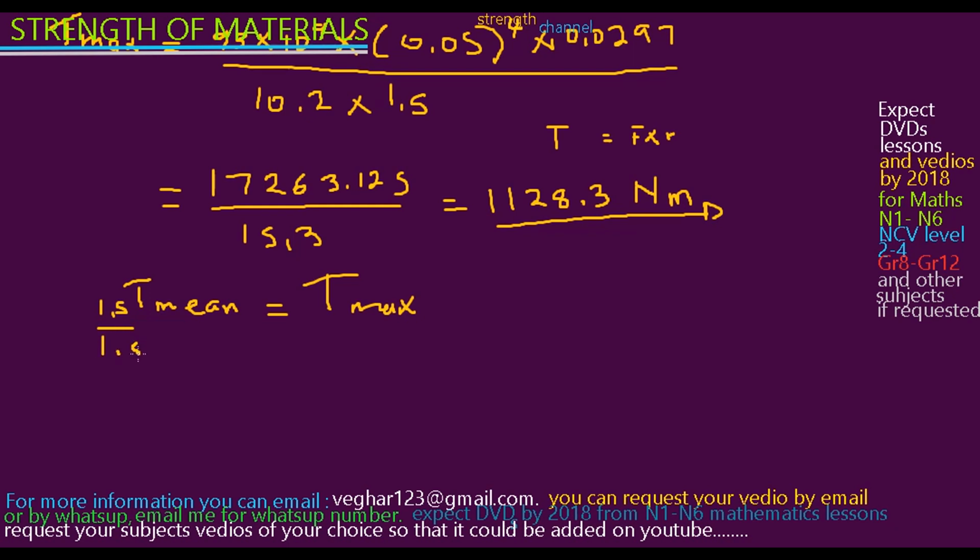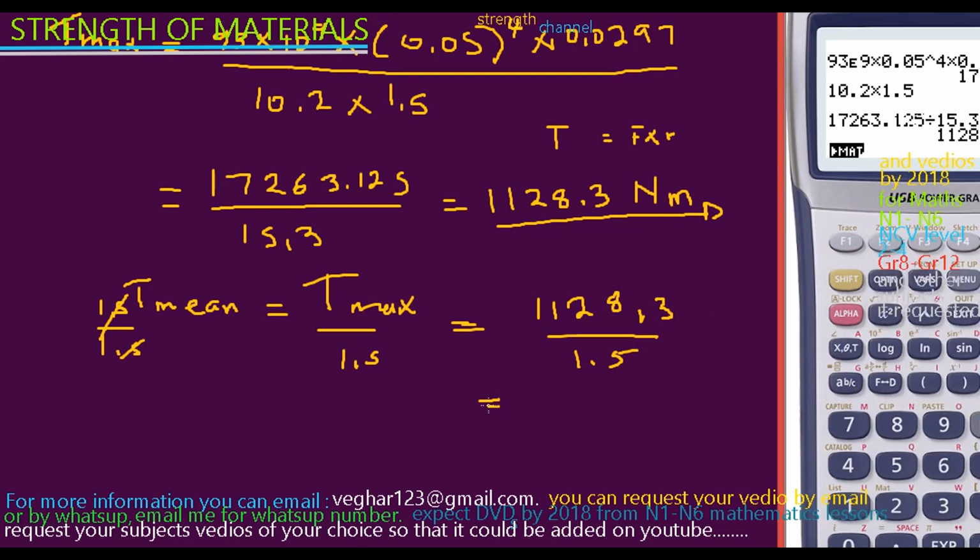You'll divide both sides by 1,5, and then this one will delete this one, so you'll have something like 128,3 divided by 1,5. So you'll have something like this.